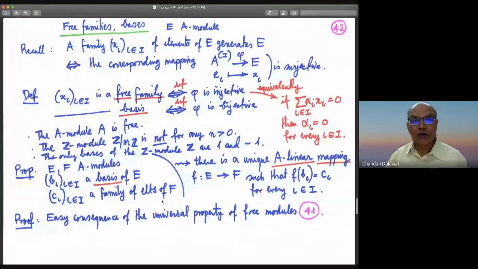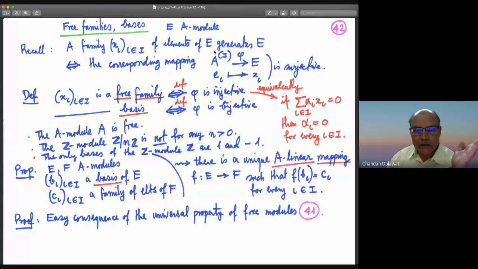So that leads to the concept of free families and bases in a module. If I'm given a family of elements in some A module E, we have seen that to say that this family generates E is the same as saying that this mapping from A to the I to E, which sends e iota to x iota, is surjective.